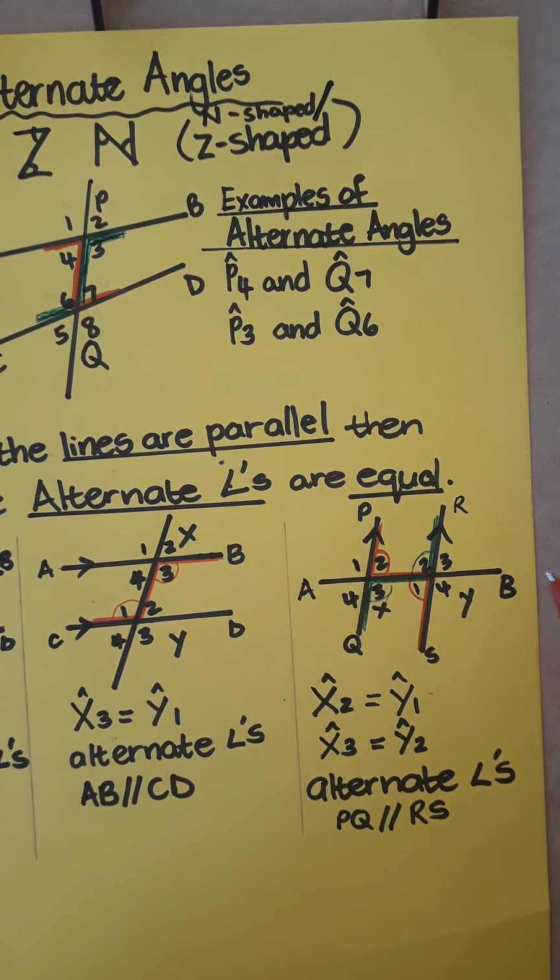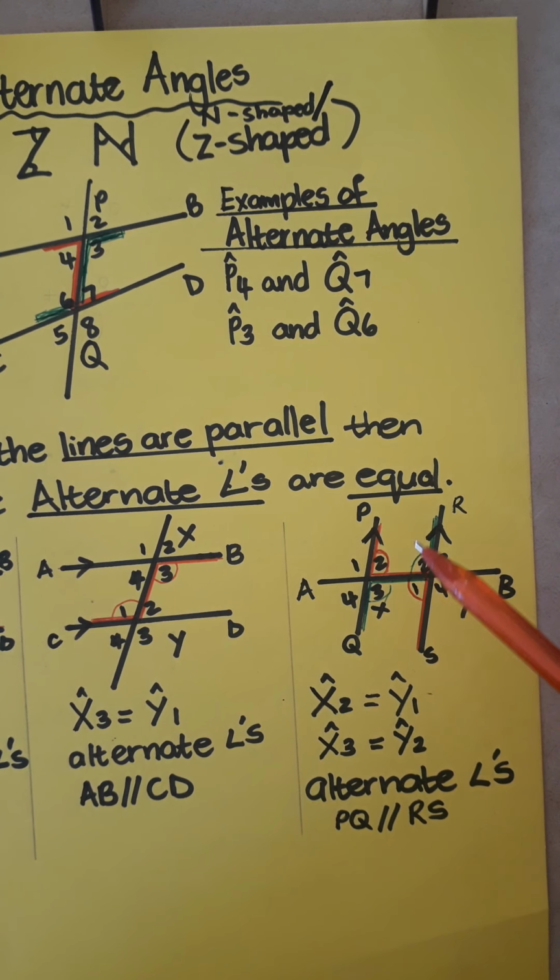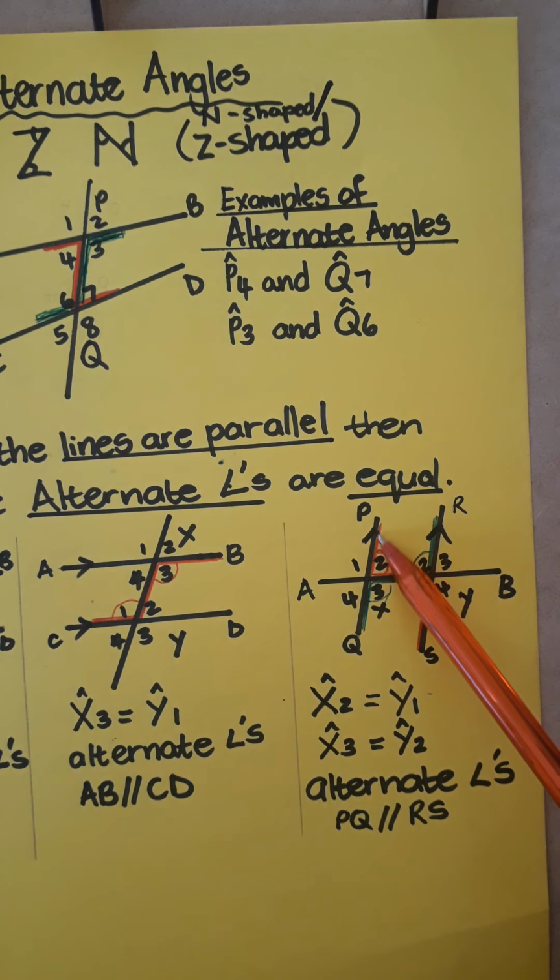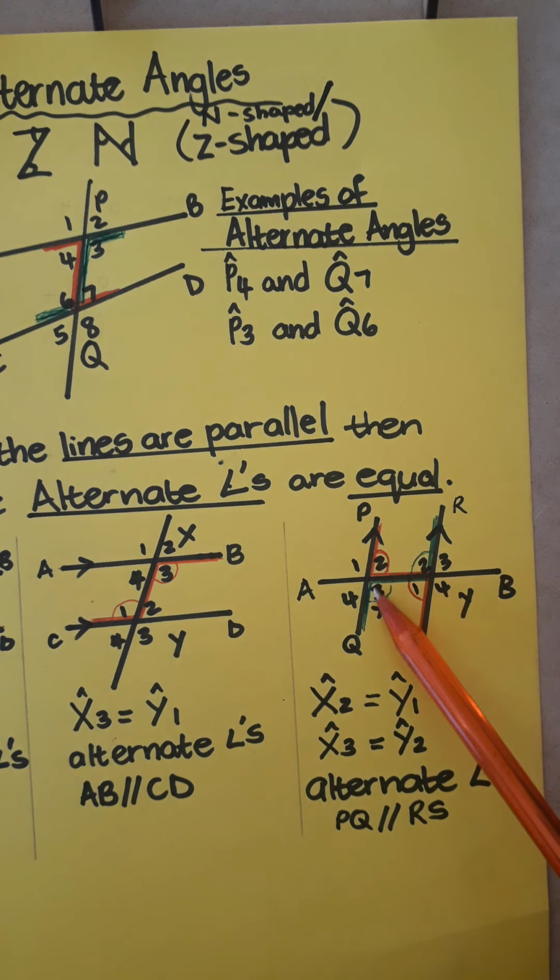The other example we're looking at, we have PQ parallel to RS, and in this example, AB is the transversal. Now, if I turn around, you'll see that the red is the Z, and there's also a green Z. So I gave you a few examples.